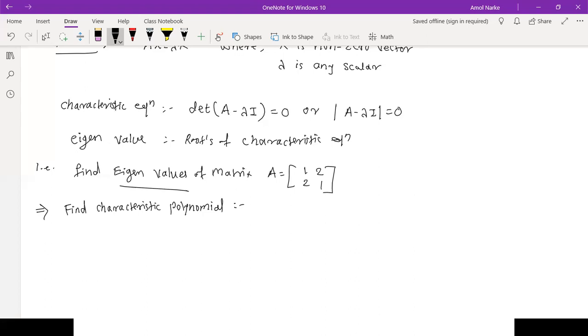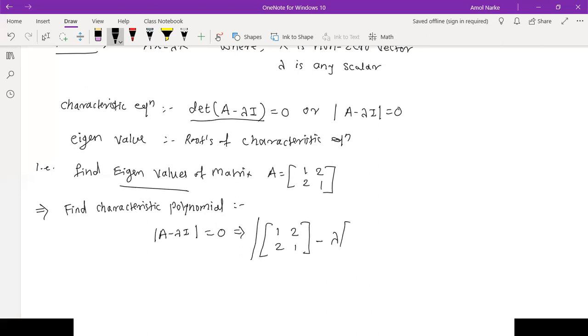Read it out. It is the determinant of A minus lambda I, which is equal to 0. This implies, what is your A? My matrix A is nothing but 1 2, 2 1, minus lambda.